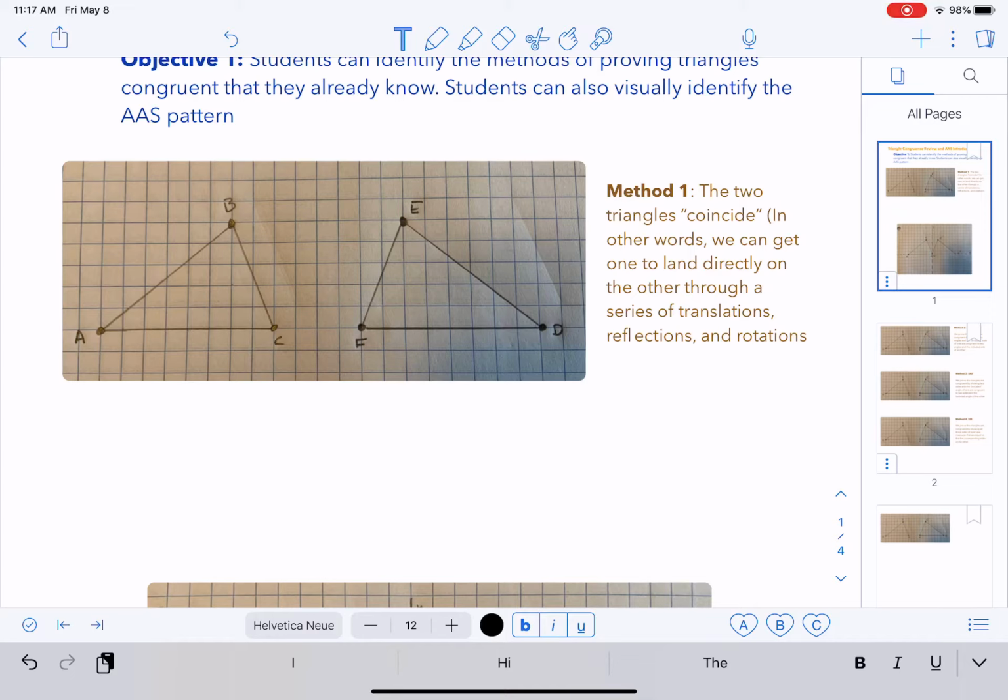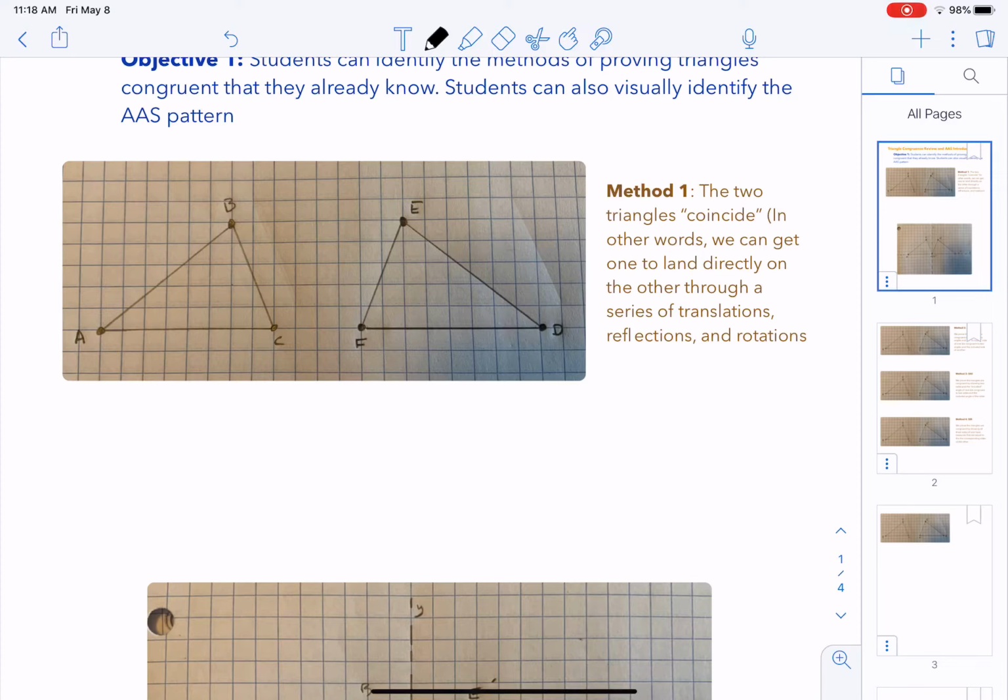For example, you might remember that in second term we looked at translations and at what are called vectors. So let's move triangle DEF along a vector.